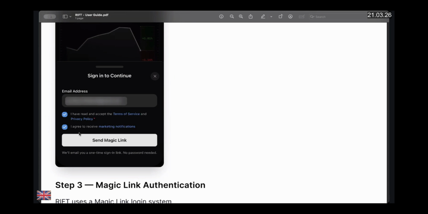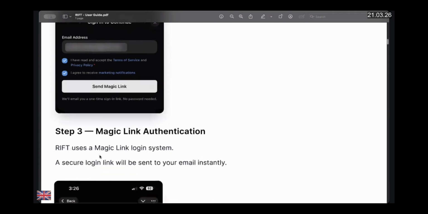So it is essential to activate and agree to these marketing notifications, also to keep your Telegram notifications active and, I would say, on buzz mode, because that's how you get notified when your trade realizes or closes.